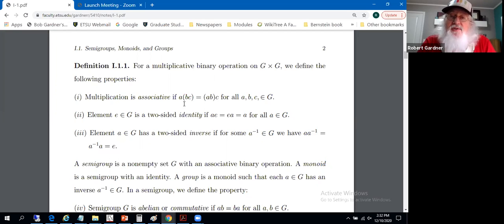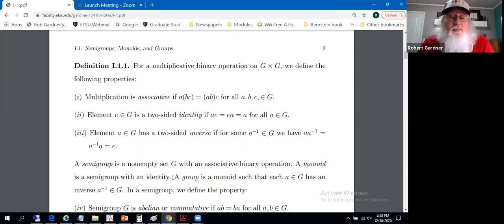So these are properties you're totally familiar with from your previous group experience. We're going to look at three structures. A semigroup is a non-empty set G with an associative binary operation, so a binary operation satisfying only necessarily the first property. A monoid is a semigroup with an identity.